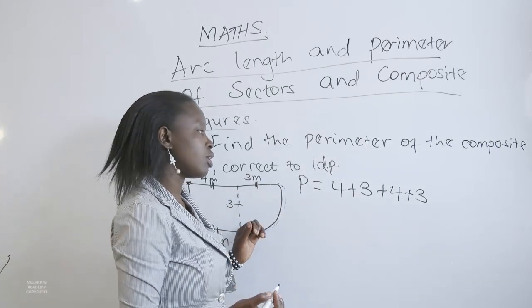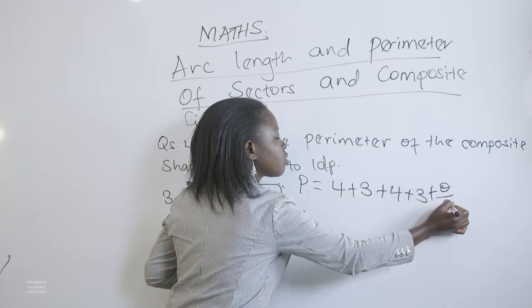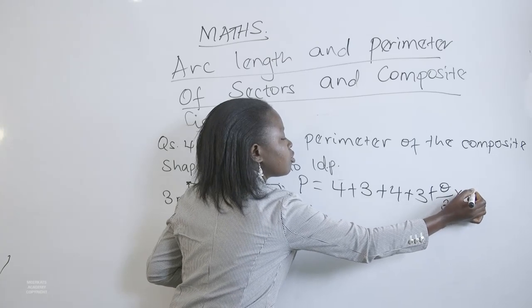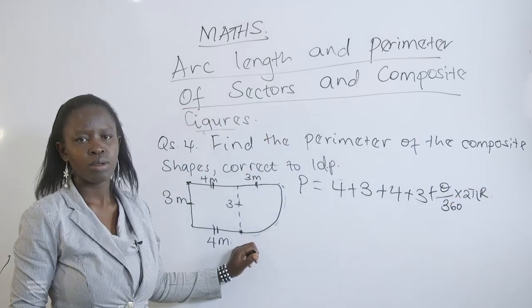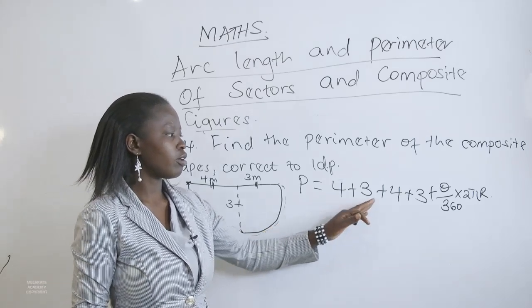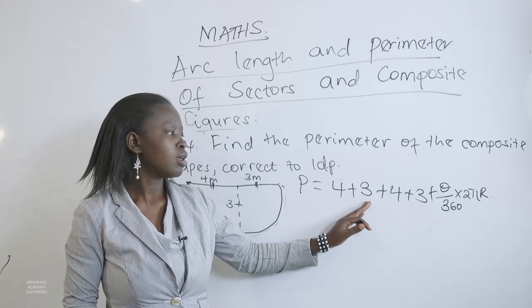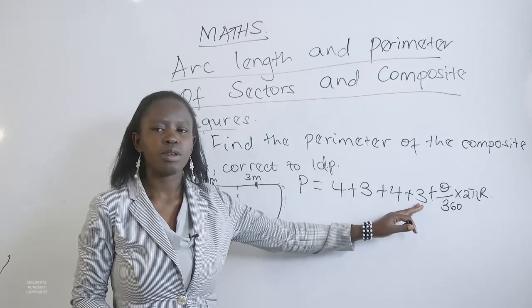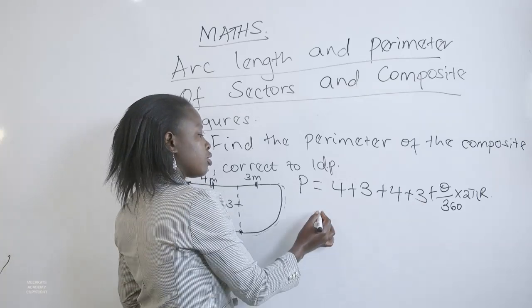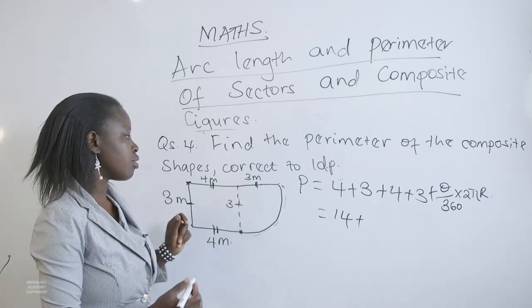So how do we get the length of the arc? The length of the arc, we are saying, is theta over 360 times 2 pi r. If I simplify this, I have 4 plus 3, which is 7. 7 plus 4 gives us 11. 11 plus 3 is 14. So we have 14 plus the length of this given arc.